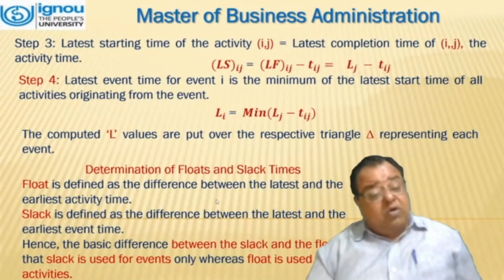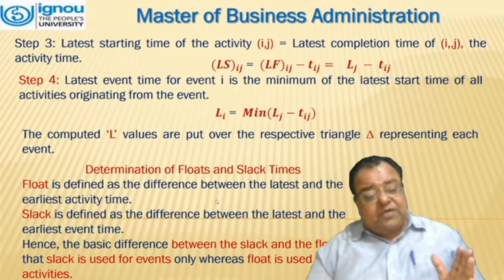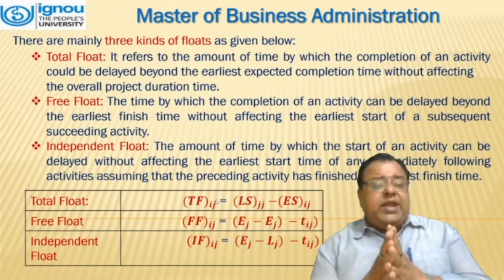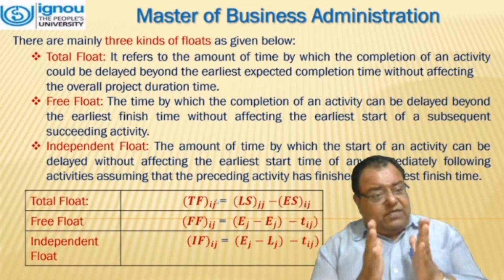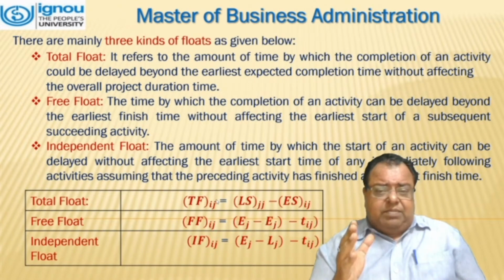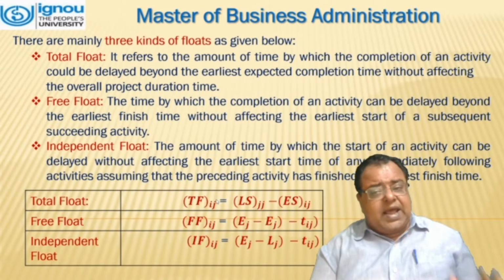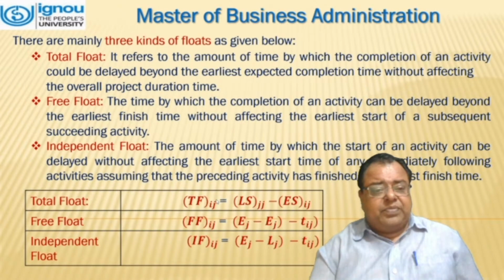...used for events only, whereas float is used for activities. There are mainly three kinds of float. First one is total float. It refers to the amount of time by which the completion of an activity could be delayed beyond the earliest expected completion time without affecting the overall project duration.